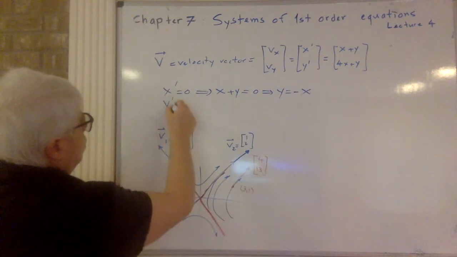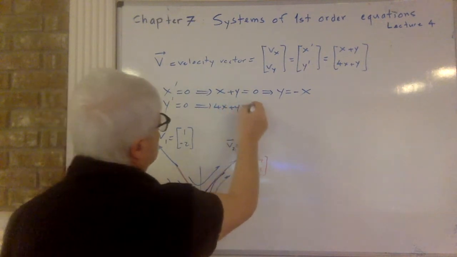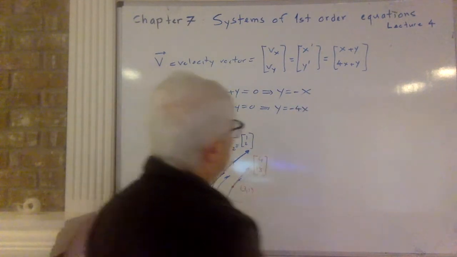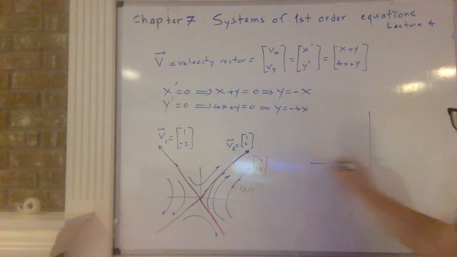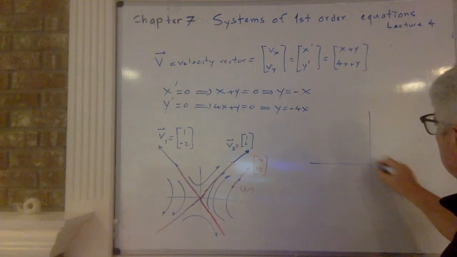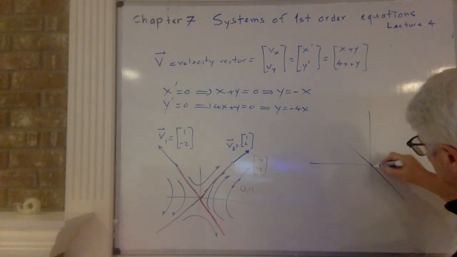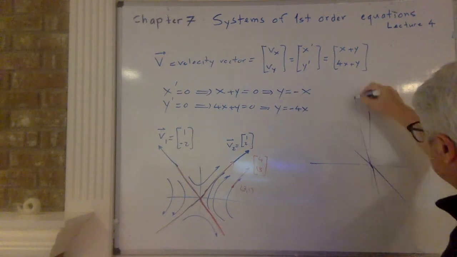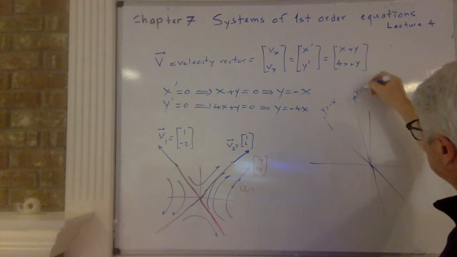And if I set y prime equal to 0, then 4x plus y equals 0, and that gives me y equals minus 4x. Well, let's see, these two lines: y equals minus x is this, and minus 4x is this. So this is y equals negative x, y equals minus 4x.